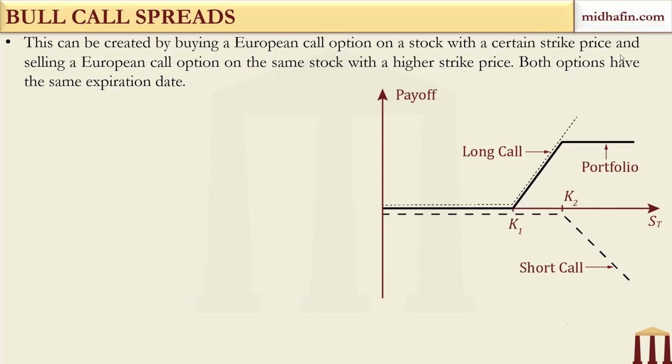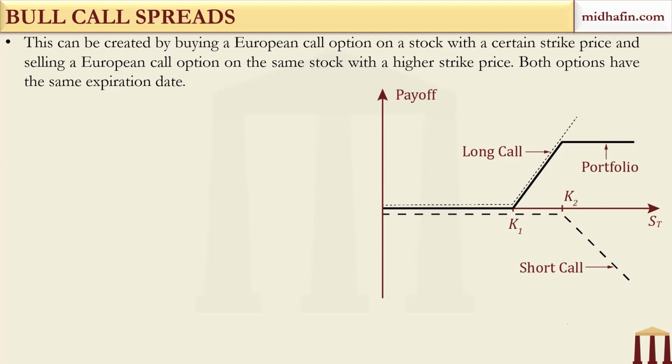Bull call spread means that you are expecting an increase in the price, so you buy a call option, but you want to limit your losses in the case of decline.